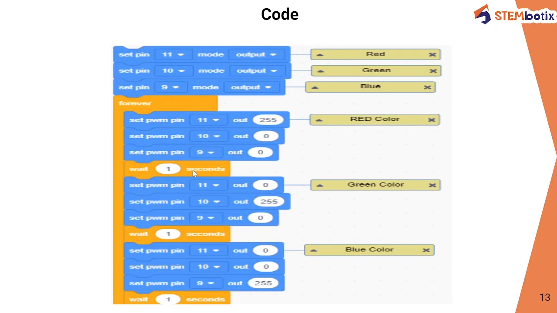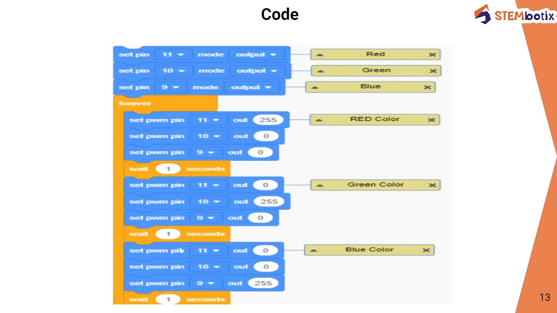In the second scenario, we need to turn on the green LED. So PWM pins 11 and 9 will remain turned off, and the green color is attached to PWM pin 10 of the Arduino microcontroller. So PWM pin 10 will be in a high state. It means we have to write a 255 value to PWM pin 10.